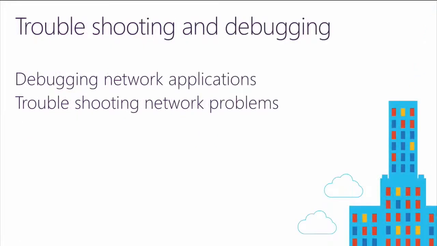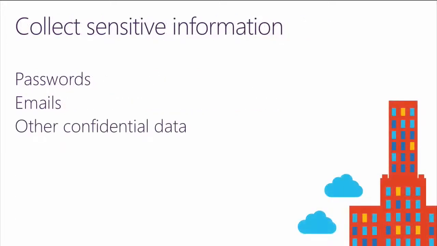Of course, it will help you to troubleshoot and debug as well. But more importantly, if Hasain was sitting here, he's going to say, a packet is like a memory for me. I can get passwords, I can get emails, I can get many other confidential data. Don't forget, it's used in your computer. It's my Surface here.